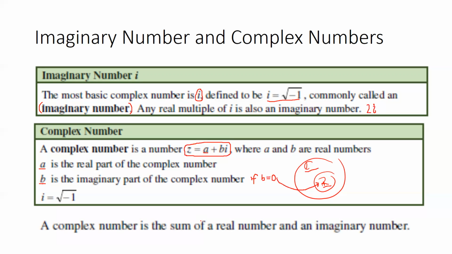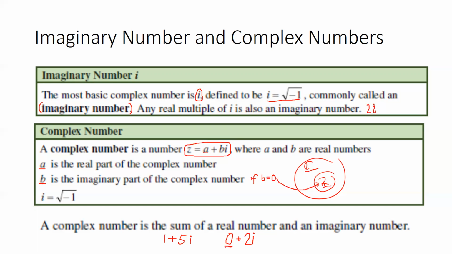So a complex number is the sum of a real number and an imaginary number. You could think of a complex number as like 1 plus 5i. Or believe it or not, 2i is not only an imaginary number, but it's also a complex number, because I could think of this 2i as 0 plus 2i.